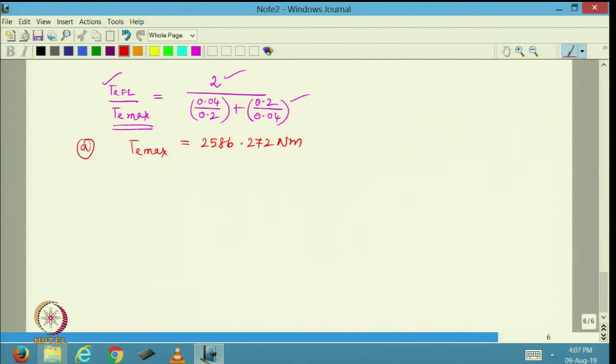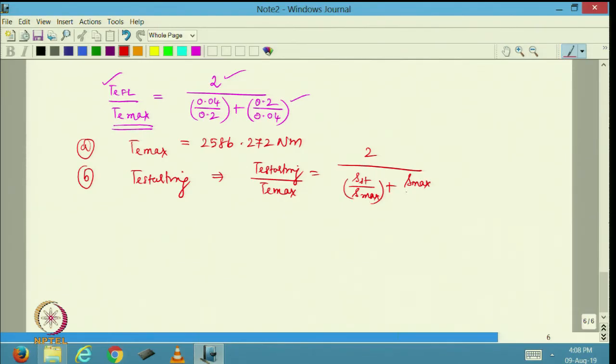Now, the second subdivision that is being asked is what is TE starting? I can write again this expression: TE starting divided by TE max equal to 2 divided by S starting divided by S max plus S max divided by S starting. S starting is 1. So, I should be able to write this as 2 divided by 1 divided by 0.2 plus 0.2.